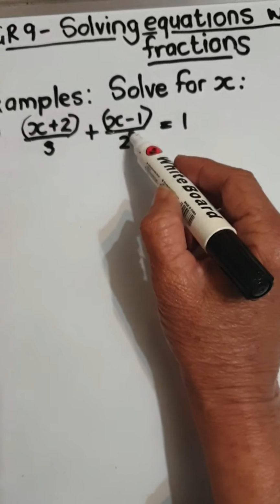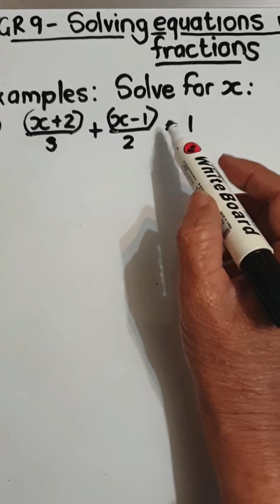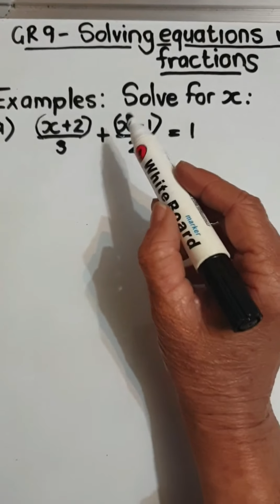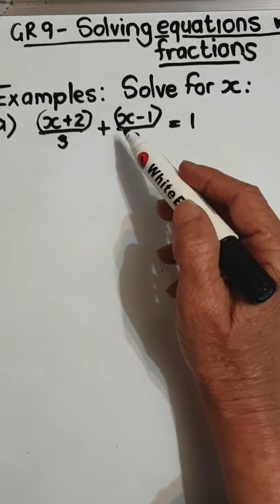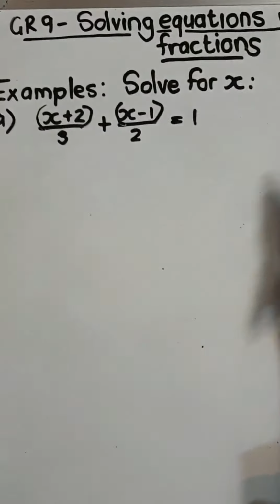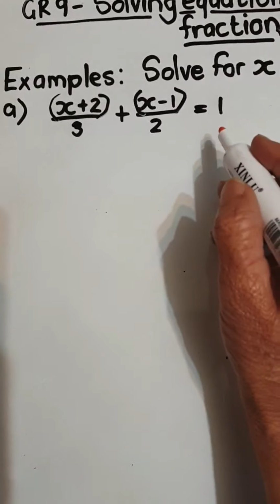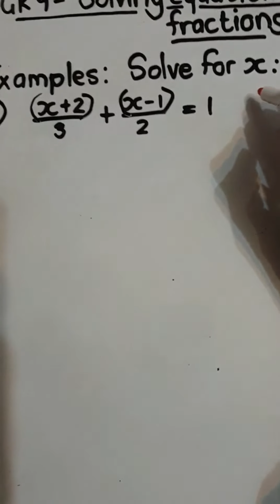So that's thirds and that's halves. Once you have done that, it's fractions. I need equivalent fractions to do calculations, which means that you need to find the LCD. So if I look at 3 and 2 and 1, because that one I don't write, the LCD will be 6.